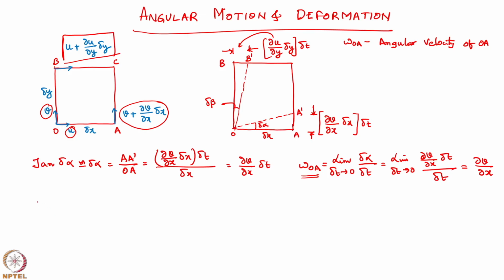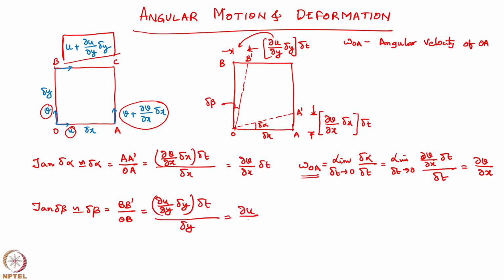Now, similarly, tan delta beta for smaller angles I can write as delta beta, which is equal to BB prime divided by OB, which is equal to ∂u/∂y into delta y into delta t divided by delta y, that is equal to ∂u/∂y into delta t.